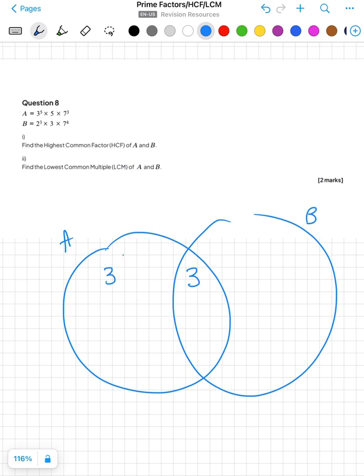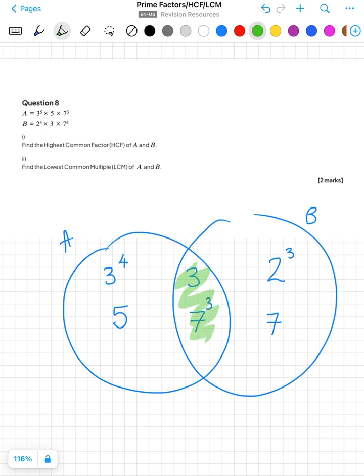That leaves A with four other 3s. And then they both have at least three 7s in common, because 7 to the power of 3 is 7 times 7 times 7. Now B has got 2 cubed and one 7, and then there is a 5 left over in A.